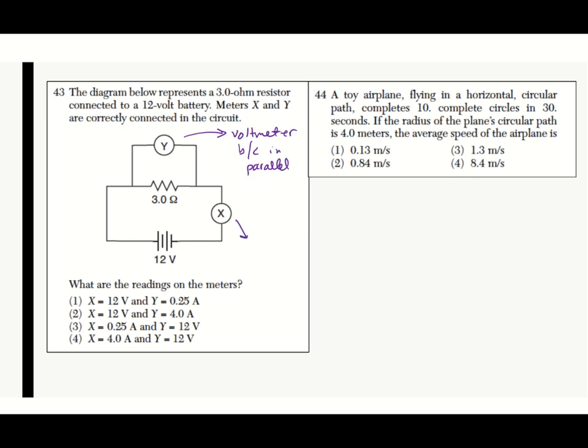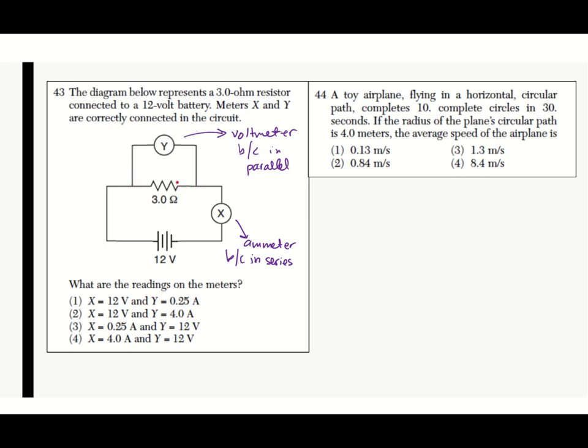And this here is an ammeter because it's in series. Alright. So all this voltage here travels through as energy, picked up by the Coulomb charge, by the electrons.